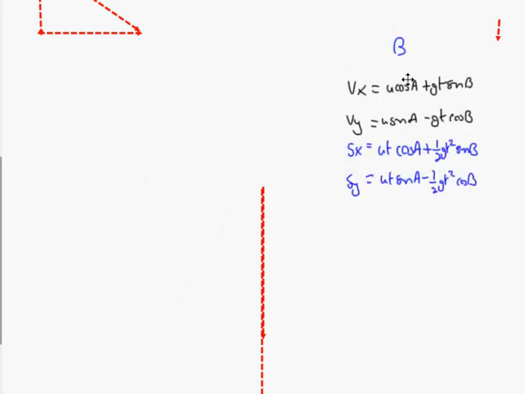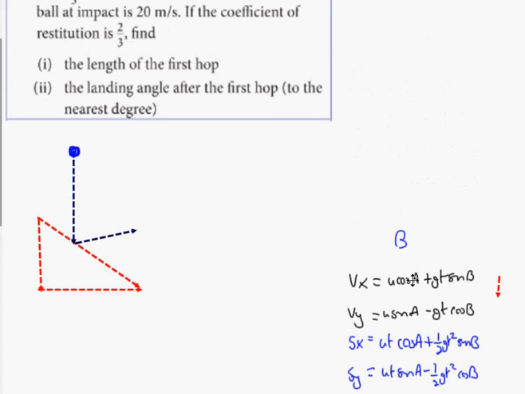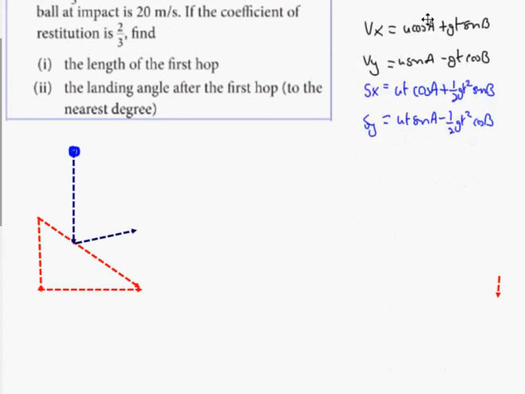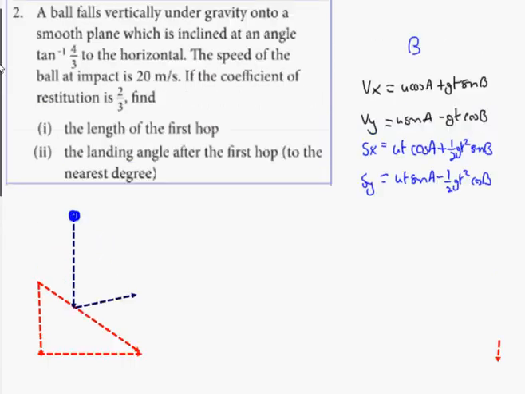So to use these equations, what do you need? We need a u value, we need an angle value, and we need the angle of the wedge. So we have the angle of the wedge. That's a good thing. So we can start off picking up easy marks, right?